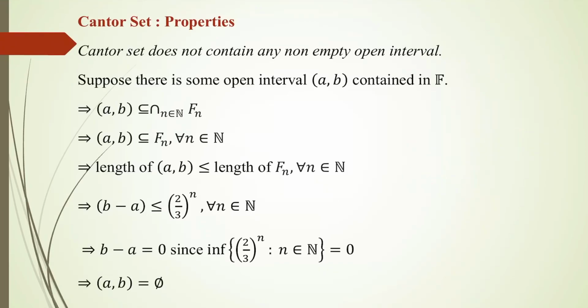Okay. Again, we said that we have started with an interval of length 1 and we have removed open intervals whose total length is 1 to construct the Cantor set. Still the Cantor set is an infinite set. Started with an interval of length 1, removed intervals of total length 1, still it is an infinite set.